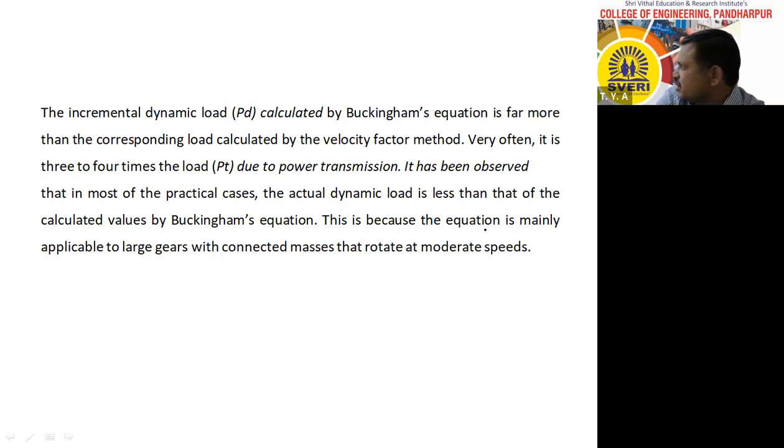Connected masses means what? These gears may be connected to a pulley. Pulleys are also there on the shaft. Pulley or flywheel.